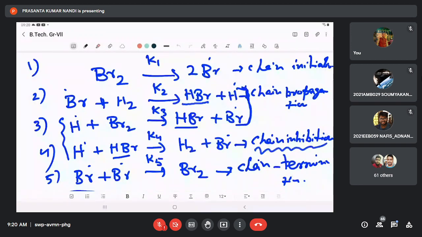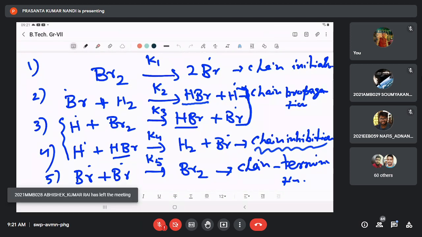Second, the bromine free radical reacts with hydrogen to produce HBr plus H, a free radical generated from hydrogen. And this is subsequently followed by another step, that is step 2 and 3 together, what we call chain propagation. Why chain propagation? Because through both these steps you can find the formation of the desired product HBr on the right hand side of these equations.